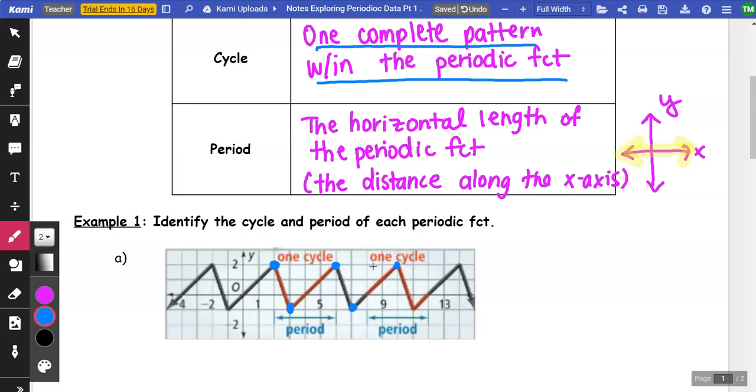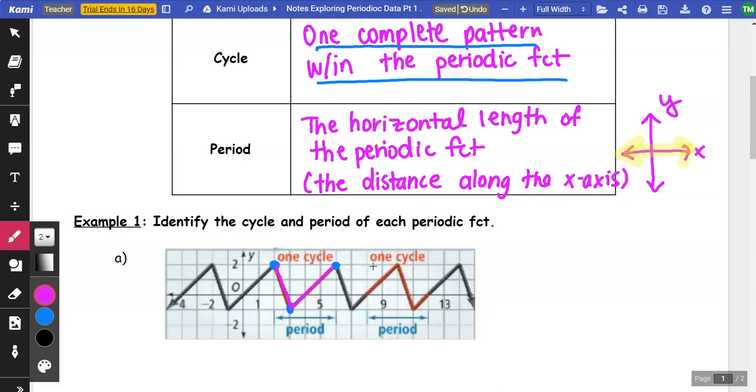We go down to -1 and come back up to 2. So we can see that pattern repeating over and over again. The cycle is simply the piece of the pattern that starts at 2, goes down to -1, and comes back up to 2.